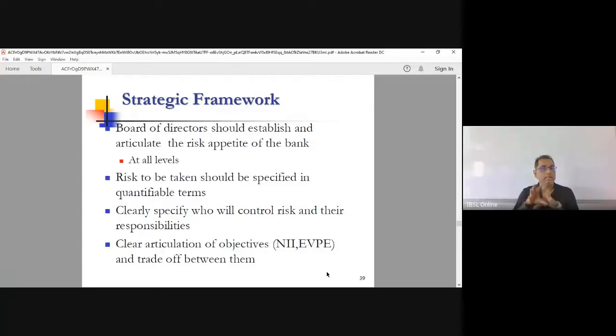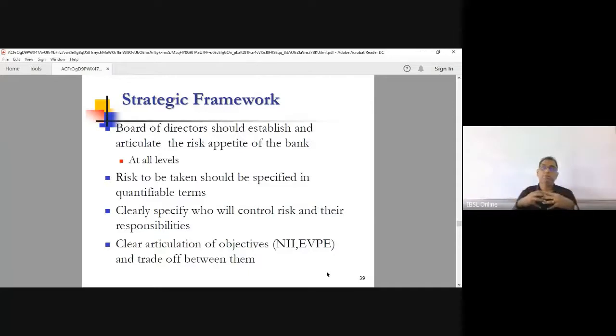This has to be clearly articulated so that when it comes to deciding on an NII or sort of a return parameter for how you deploy your assets, how you raise your liabilities, it has to be taken within the overall strategic framework of the organization.